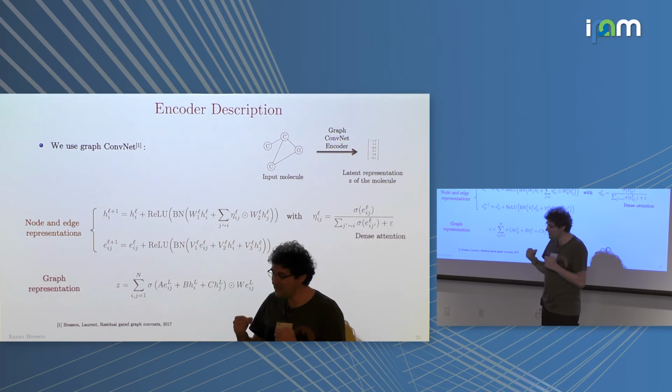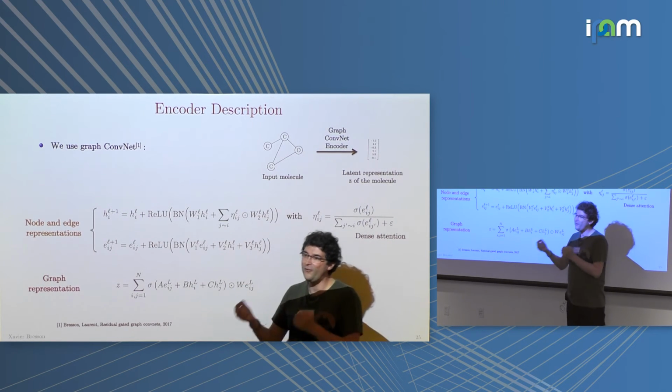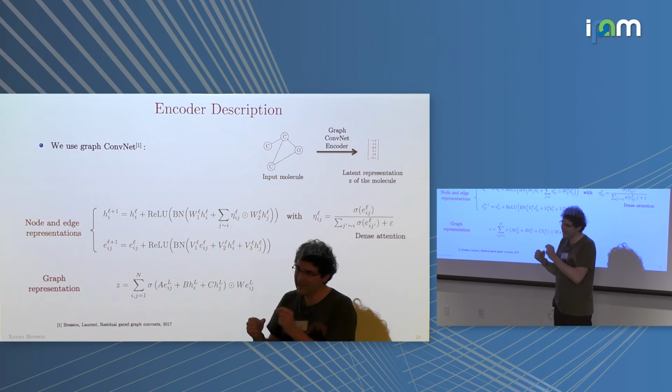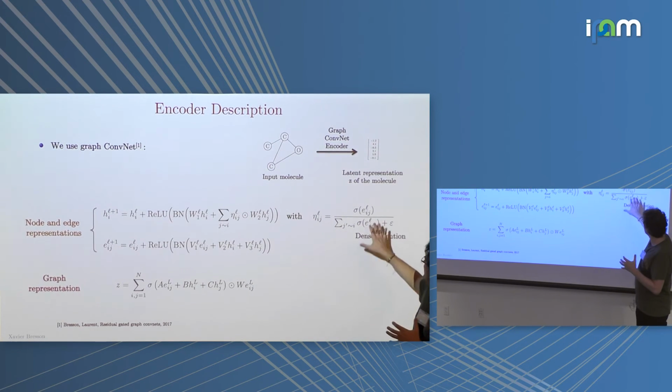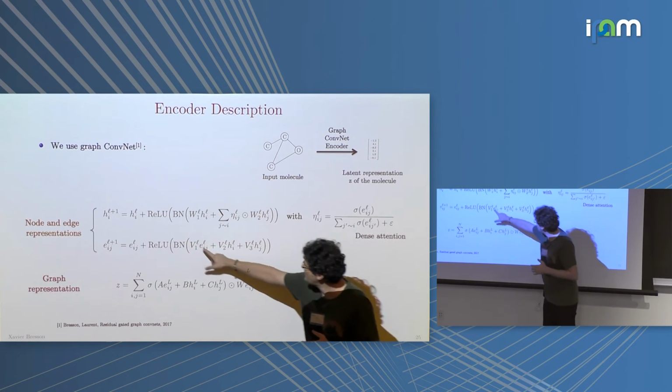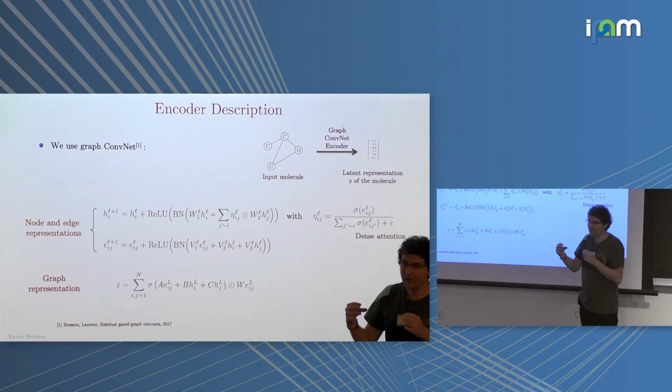And I want the system to learn by itself. I don't want to tell beforehand that for this atom you should connect with the other atoms. So there are some parameters here, and the system will try to learn, for these molecules, which atoms this atom should be connected to.